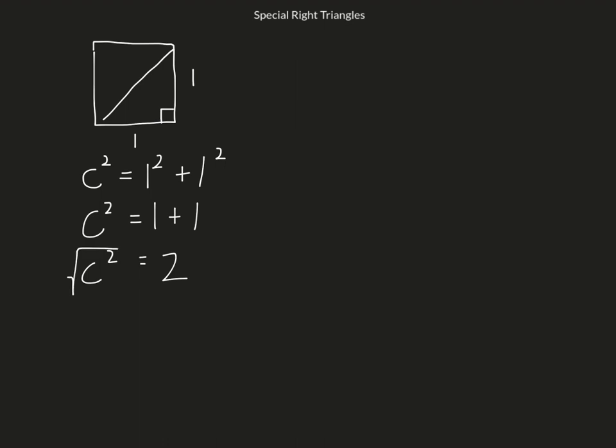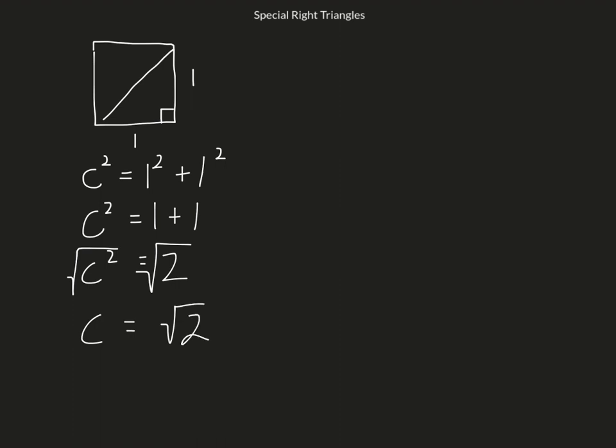Well, another special right triangle, we're going to figure this out. Let's just say that these sides are a length of 1. So c squared, which in this case we don't know what it is, has to equal 1 squared plus 1 squared. So c squared equals 1 plus 1, c squared equals 2, and when I square root both sides, c equals the square root of 2.